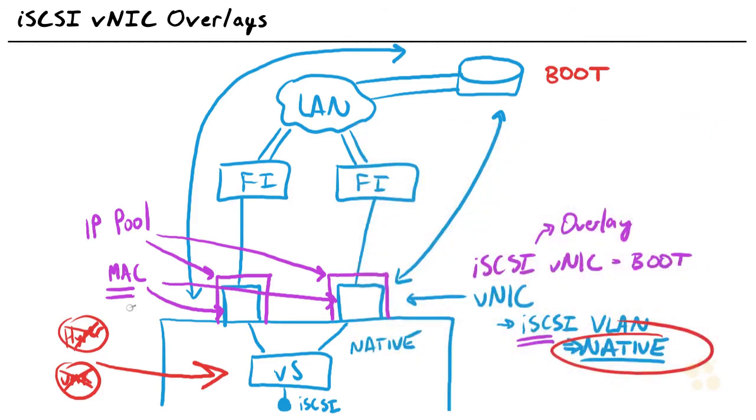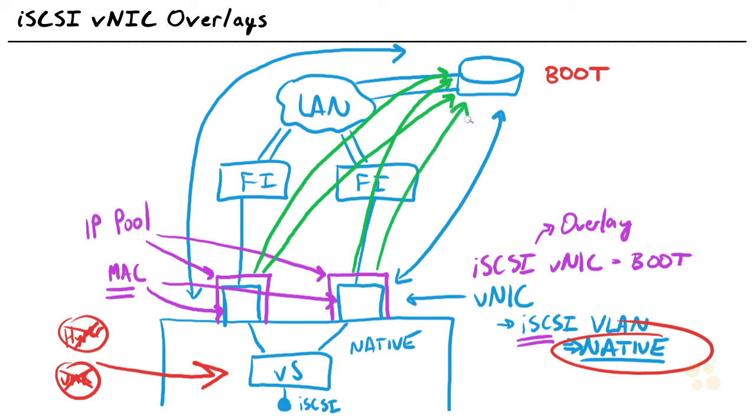Now, as far as the rest of the process goes, the iSCSI vNICs are going to, as part of the boot policy, reach out to each one of these individual interfaces. In fact, we have the option of configuring each iSCSI vNIC to reach out to both interfaces on the storage array, meaning that when we fully draw this out, if both of these are connecting to both interfaces, we end up with 4 different connections as options for reaching across the network.